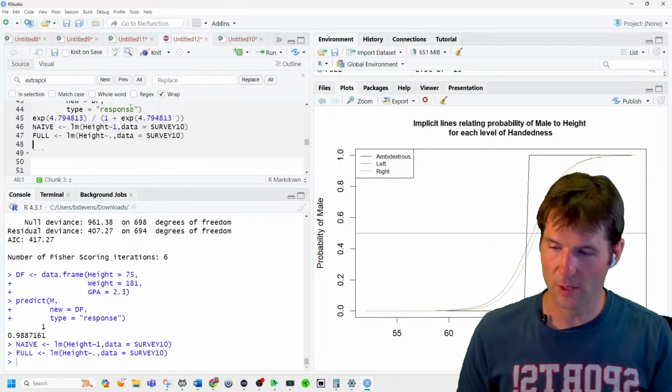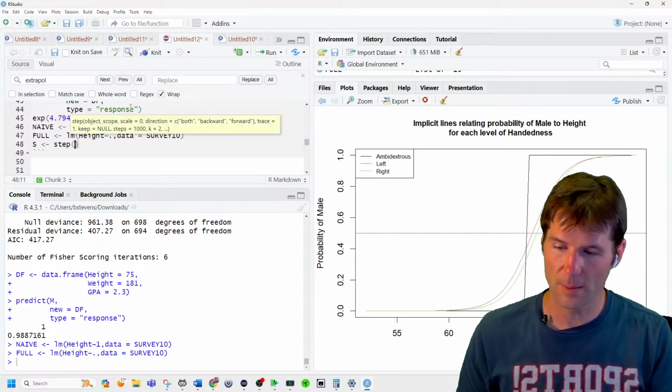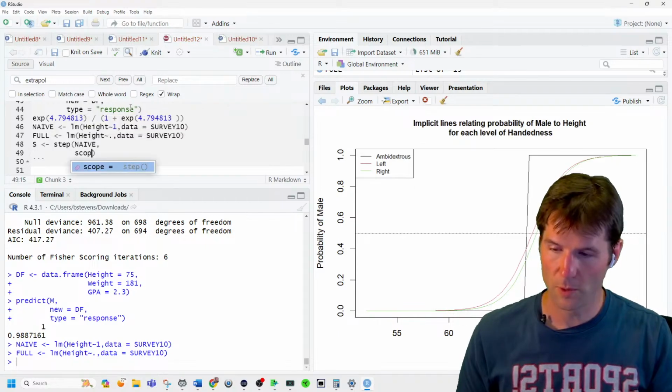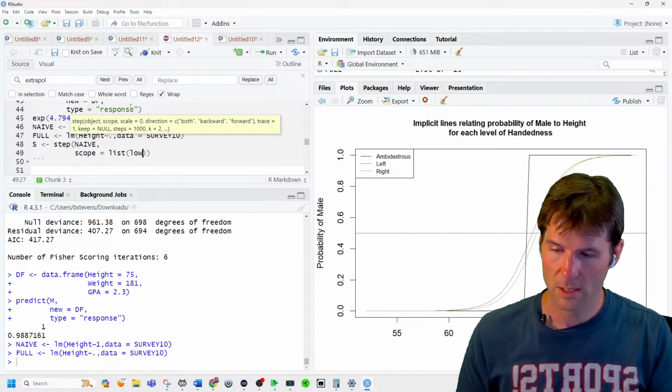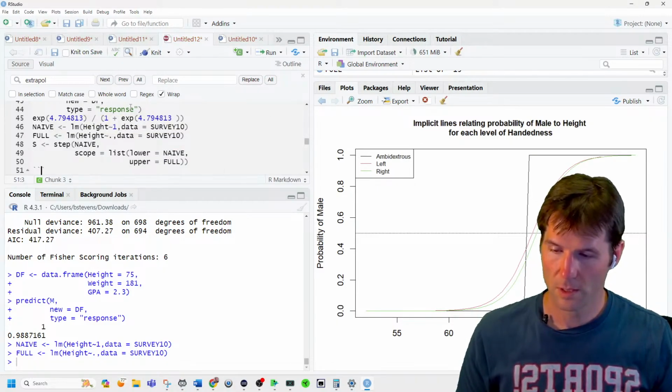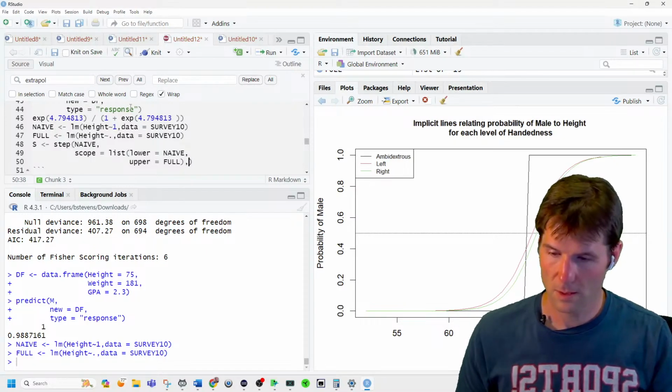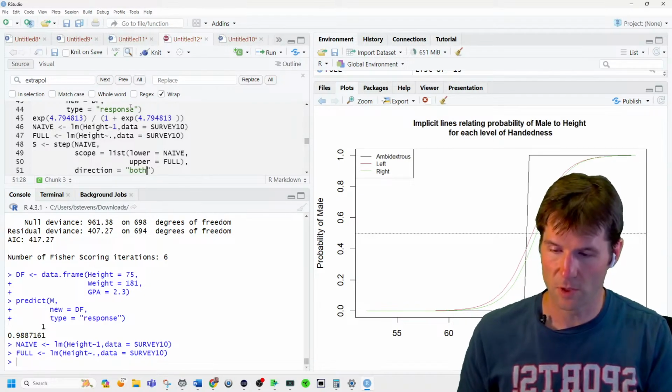And then you go through here and you do save into step, naive, scope equals list, lower equals naive, upper equals full, comma, direction, and then depending on which direction you want to go.